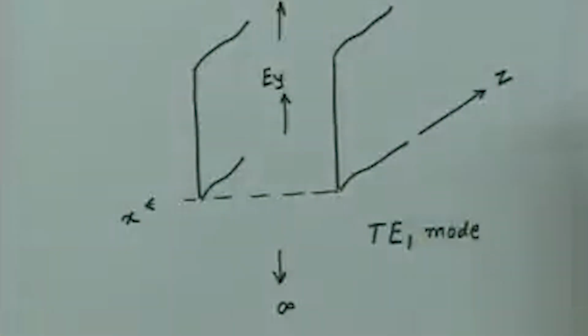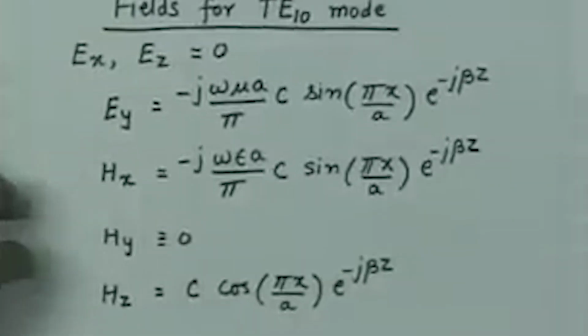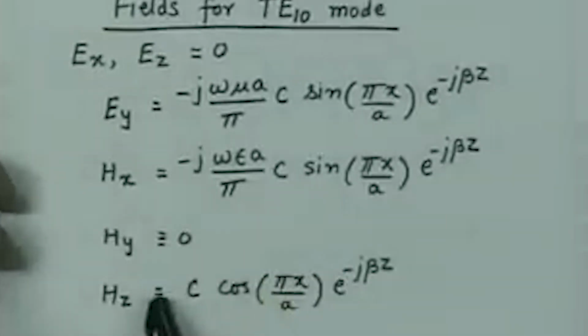Let us look at the parallel plane waveguide, but let us take the mode which is TE1 mode, and let us see what will be the direction of the currents and field in that waveguide. So, let us consider the structure which we had got. This is the TE1 mode and this is the parallel plane waveguide. As we saw, the fields for the parallel plane waveguide will be identical to this.